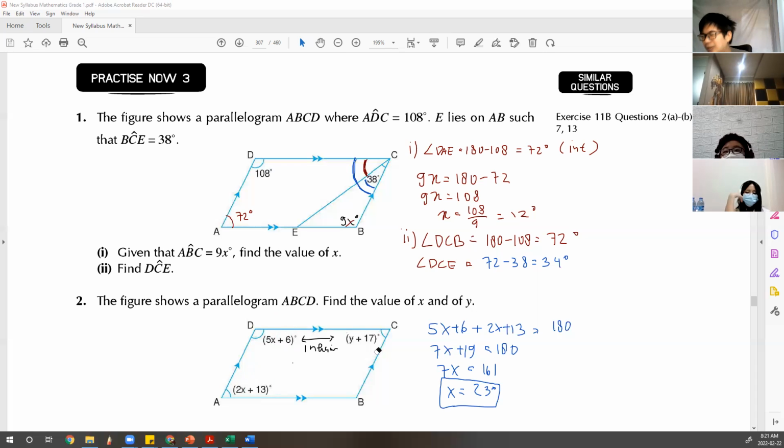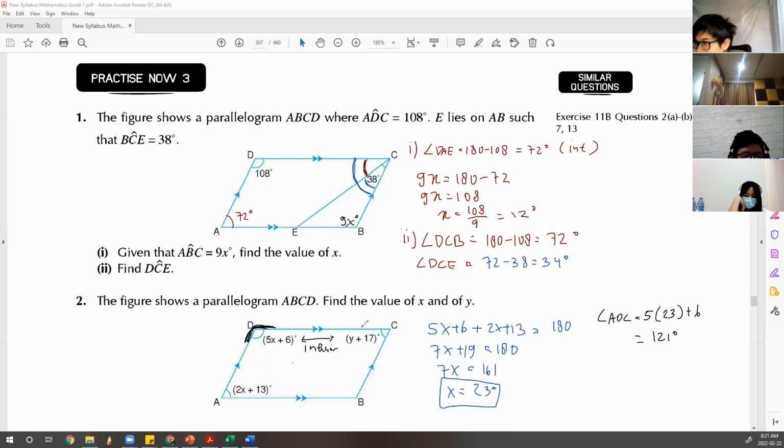Now, look at the right side. This is immediately obvious. We get the answer. 5x plus 6, 5 times 23 plus 6. So this angle will be angle ADC. 5x plus 6, you just substitute x by 23. 121. Pure algebra.